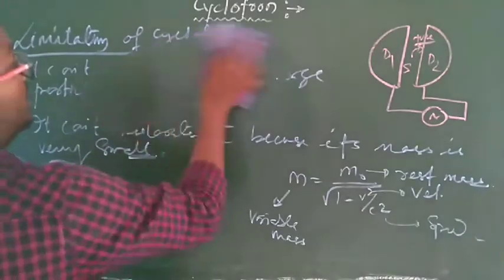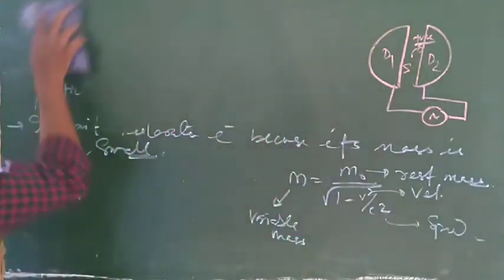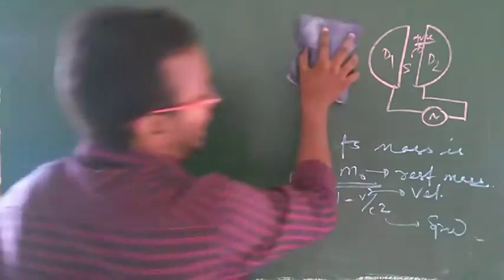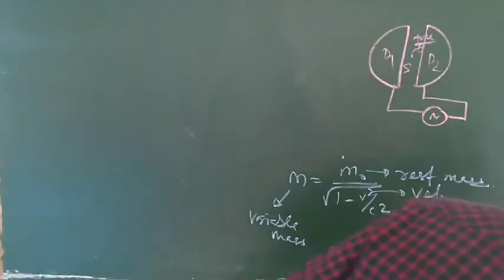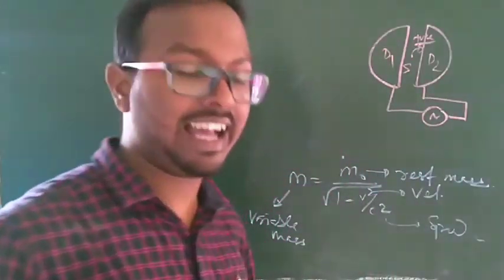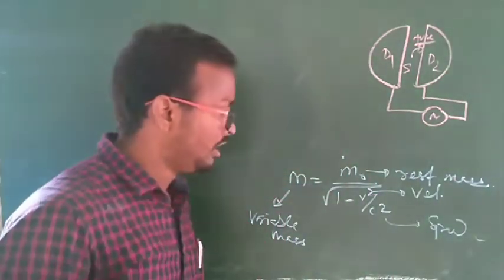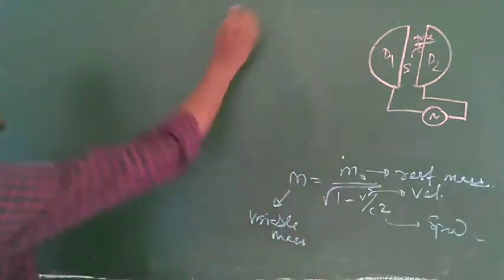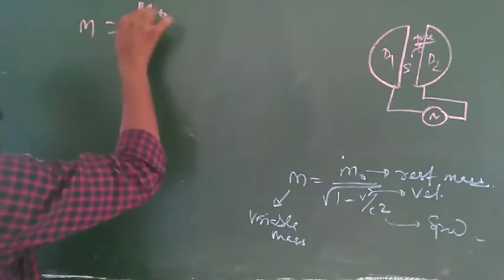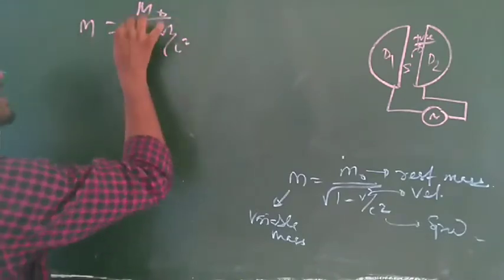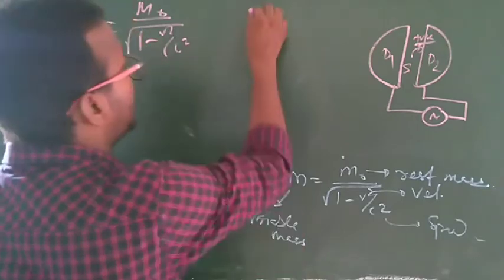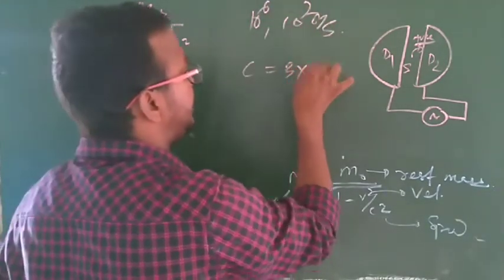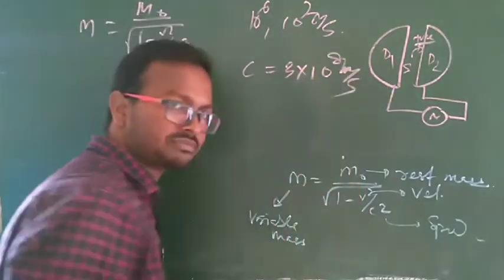The velocity of the electron is very high as compared to other charged particles, because the mass of the electron is very small. The speed of the electron is nearly 10 to the power 6 or 10 to the power 7 meter per second, while the speed of light is 3 into 10 to the power 8 meter per second.